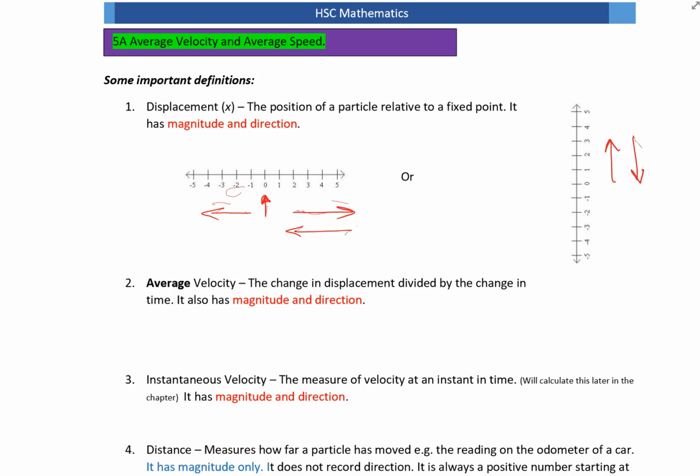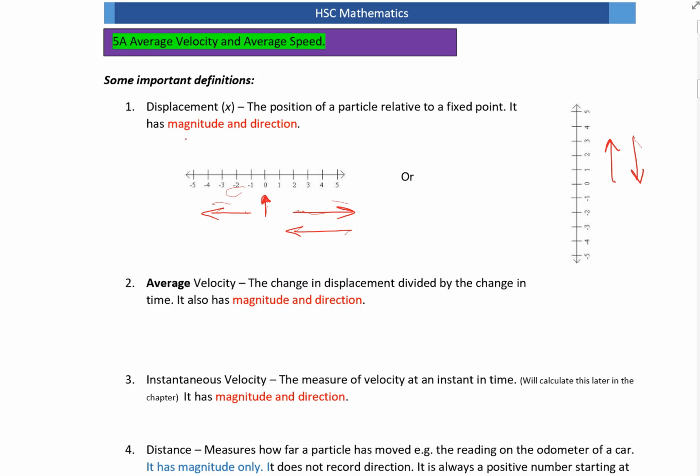Now, like it says here, displacement has magnitude, which is just a size, and direction. And we get to choose. We get to choose what's positive and what's negative. What is the positive direction or the negative direction? And that's all we use to describe the direction.